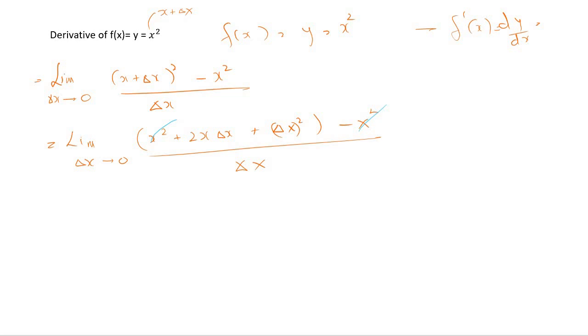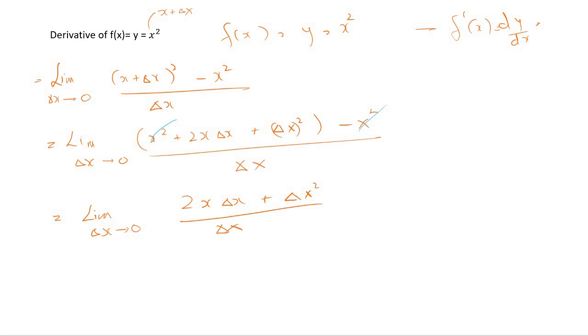The x squared will cancel off. Then we have the limit as delta x tends to 0 of 2x delta x plus delta x squared over delta x.